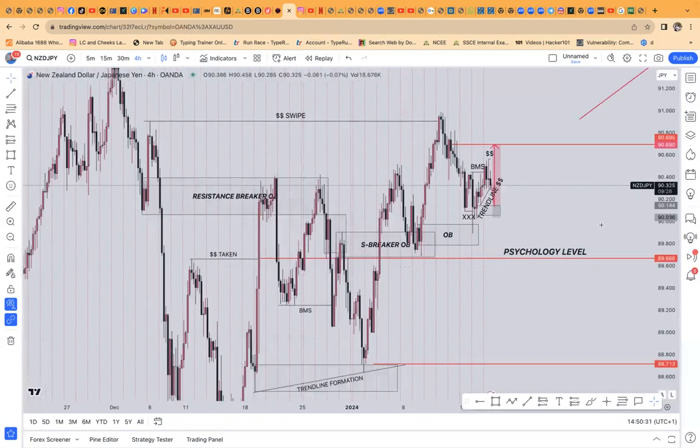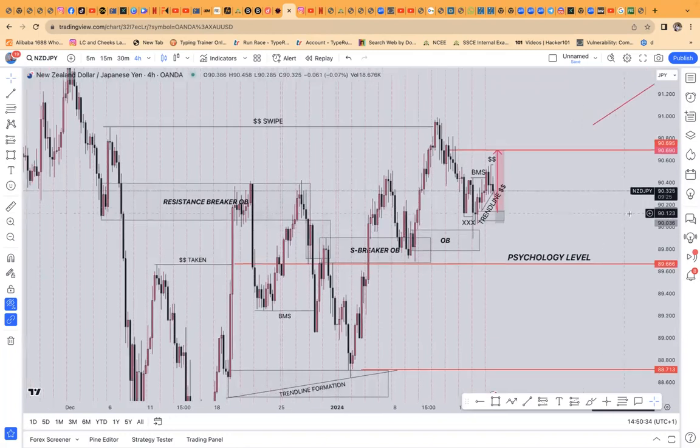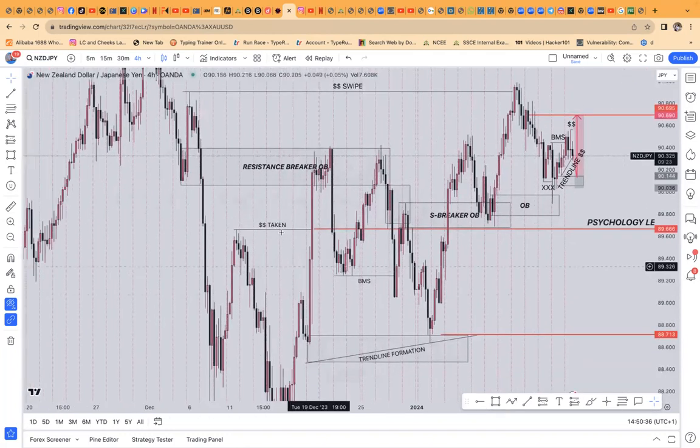Initially, this was the area where everything got to start. You understand? So hence price swept out this liquidity. You understand? Then price came back here, tested this area, broke structure, was dancing around my psychology zone.